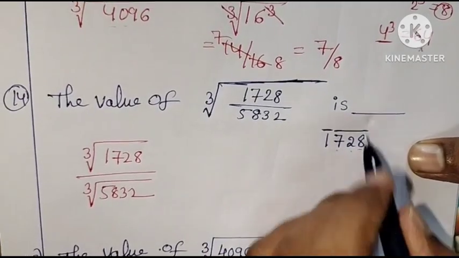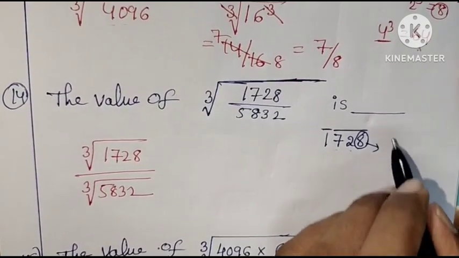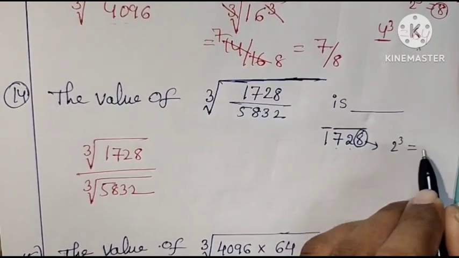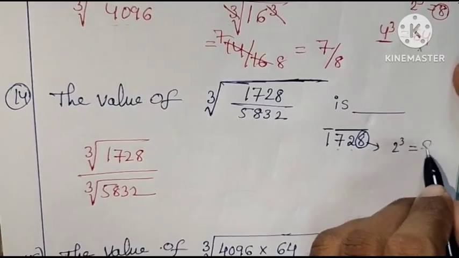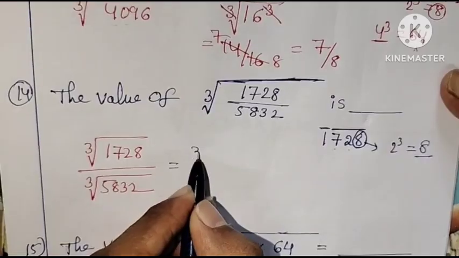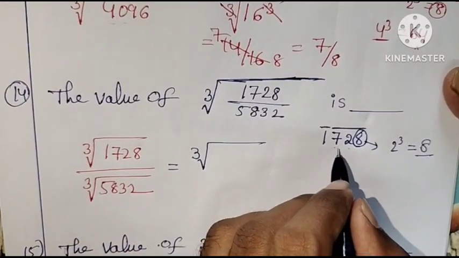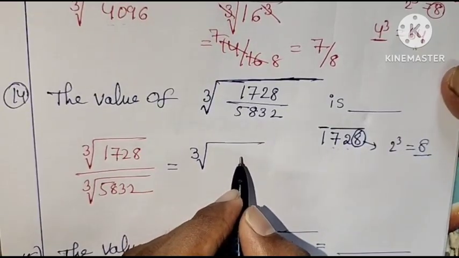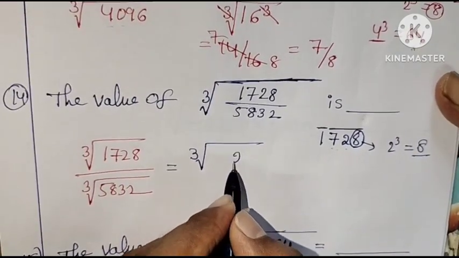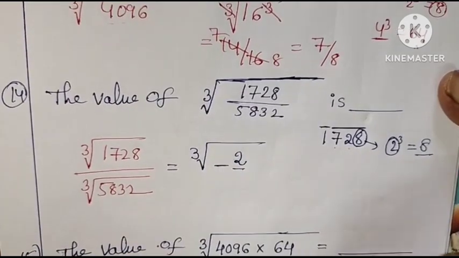This is another group. Unit digit how much? 8. A cube ending with unit digit 8 is 2 cube. So 2 cube is 8. So my unit digit of the cube root is 2.